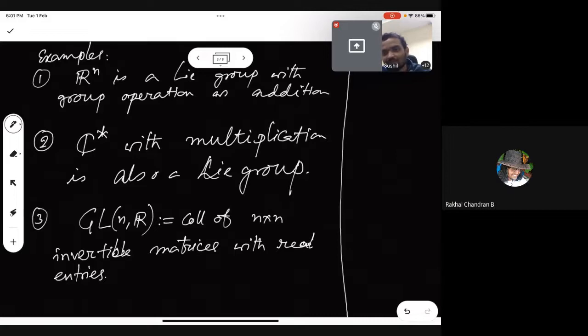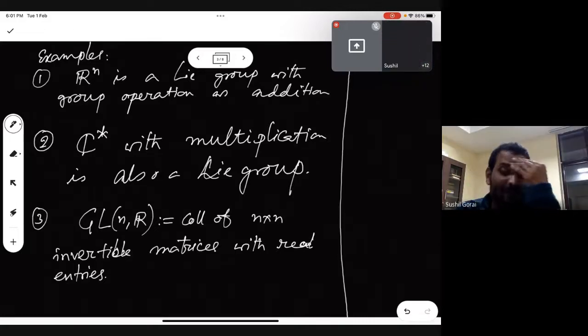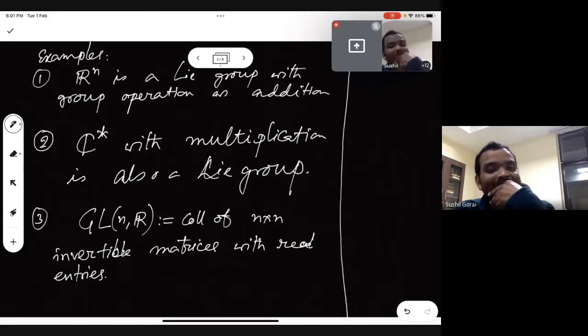Yes, sir. Yeah, maybe Arundhati, say the reason. Why is it a manifold? Yeah, looks like she is gone again. Abhishek, can you say the reason why it is a manifold?